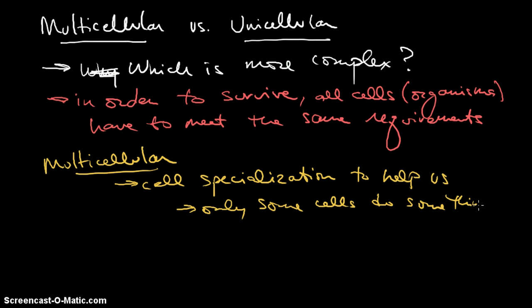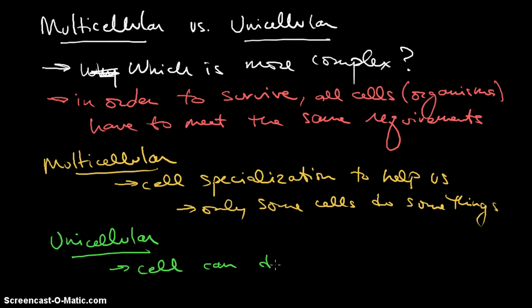We don't have any cells that do it all. But that's not the case for unicellular organisms. They're made of one cell, so their cell can do it all. When I say do it all, I'm talking about all those things that the book discusses as requirements for life. Okay? And that wraps up the first episode.